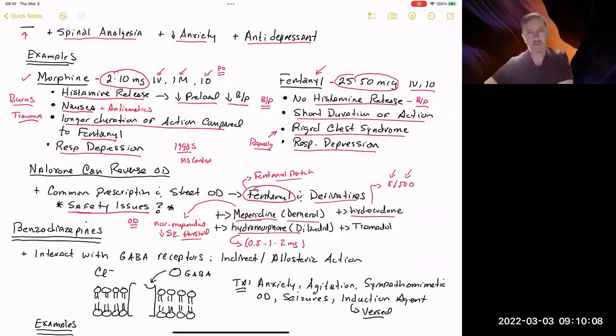And sometimes hydrocodone and oxycodone as well can be mixed with agents like ibuprofen, right? Vicoprofen is a mixture of hydrocodone and ibuprofen.